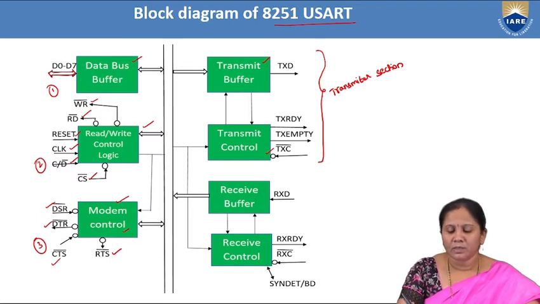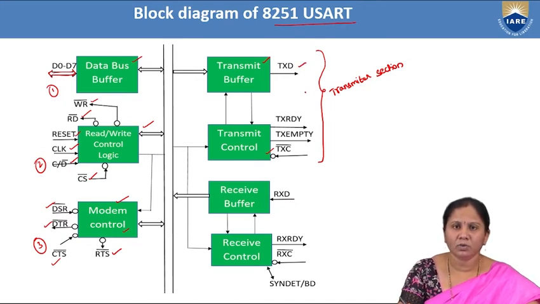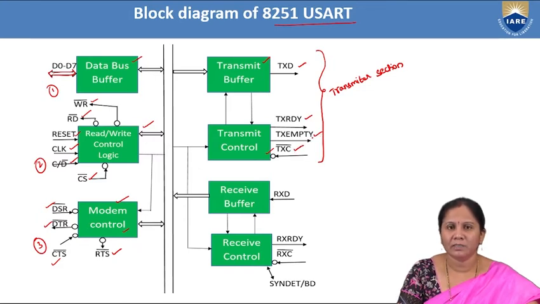The signals related to the transmitter section are TXD, which represents transmit data, TXRDY, transmitter ready, TXEMPTY, transmitter empty, and TXC, transmitter clock.